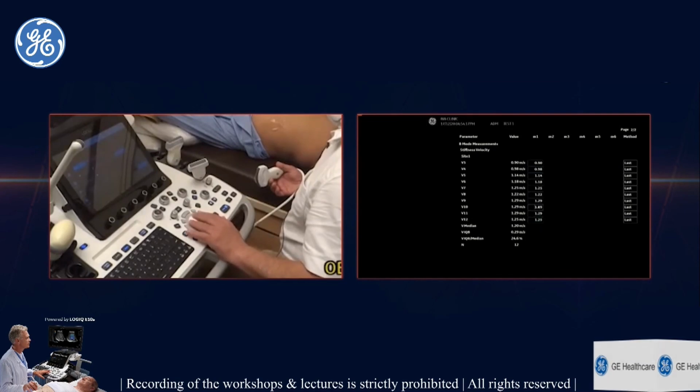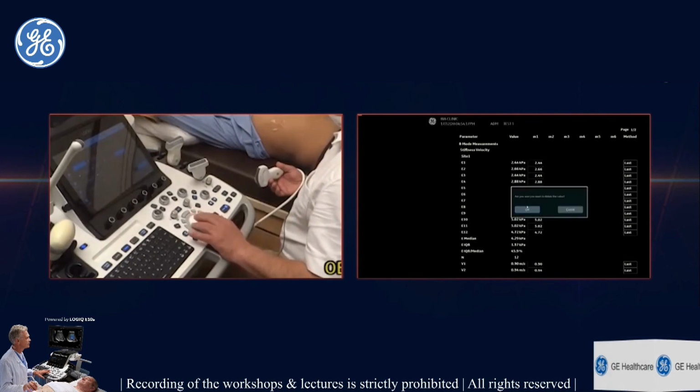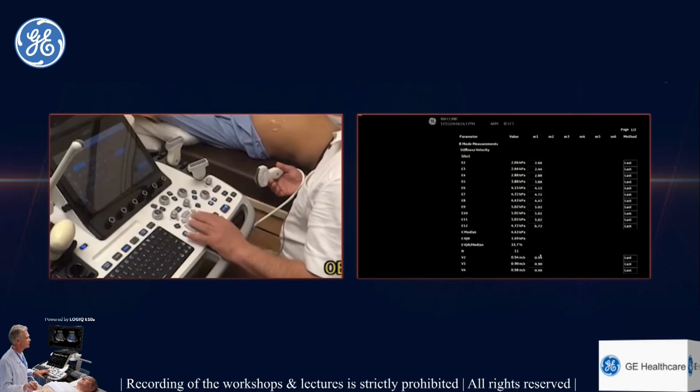So what we generally do is 1 or 2 extreme measurements we will remove, and let's see what happens to that. So we're removing 2 lower measurements and 2 upper measurements.